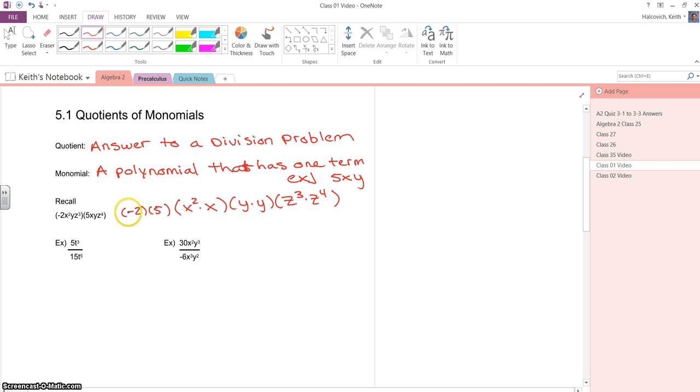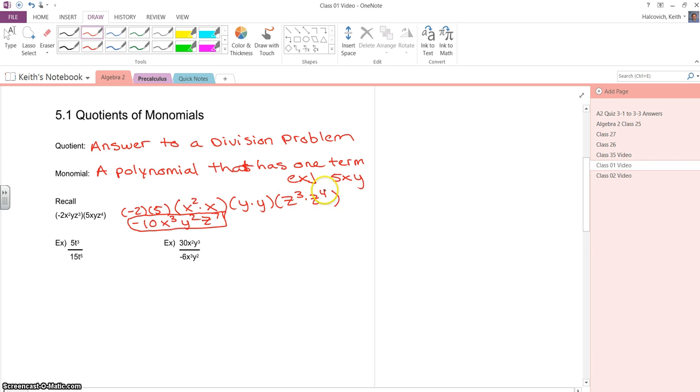Notice here when we multiply we get -10. Here we add the exponents. So 2 plus 1 is 3, 1 plus 1 is 2, 3 plus 4 is 7. So that's what happens when we multiply monomials.